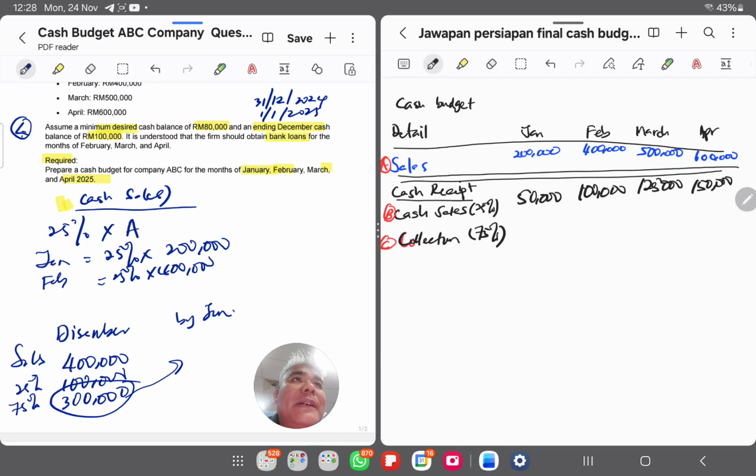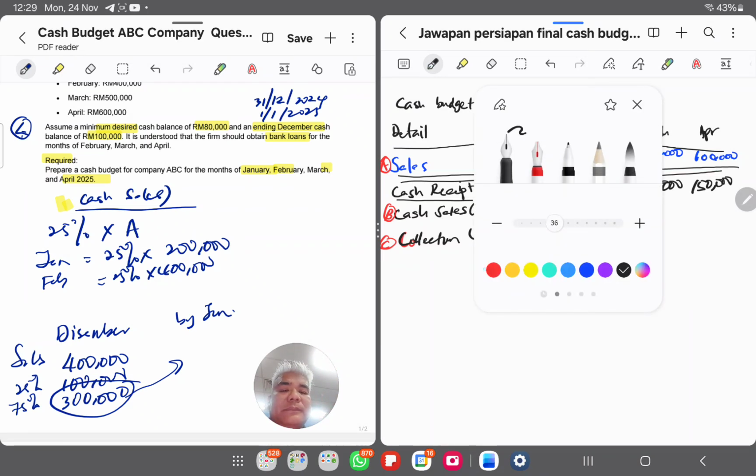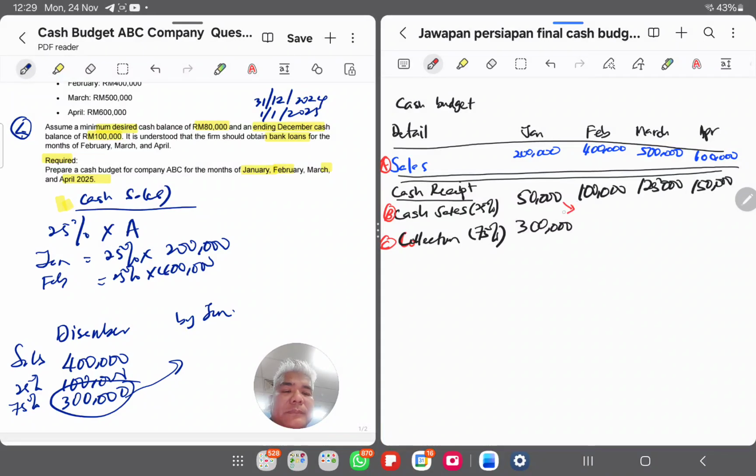All right. So 300,000. Okay, for February, the balance of 150,000 will be received by February. So the balance is 150,000: 200 minus 50.